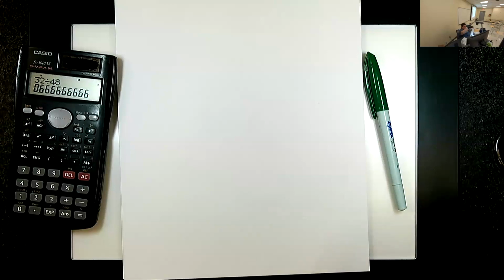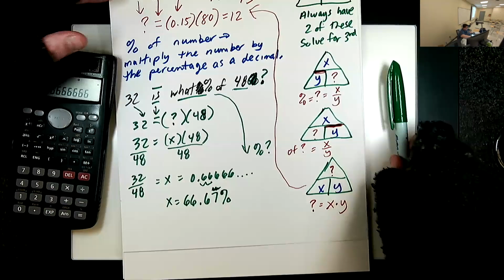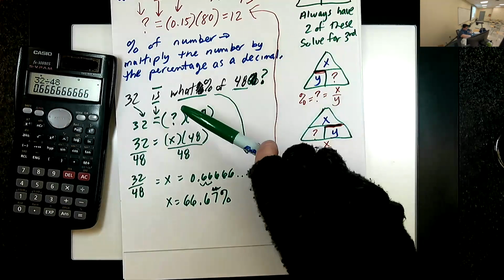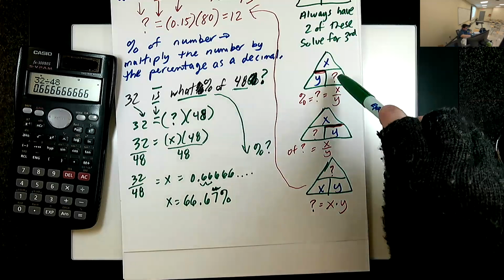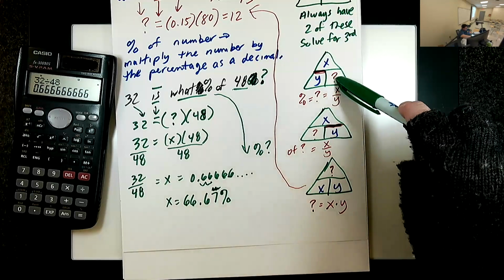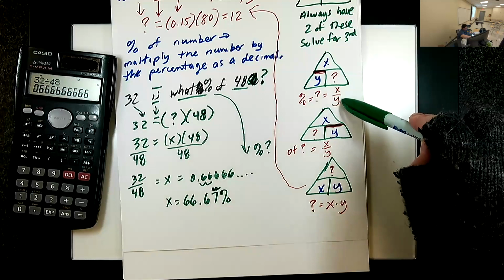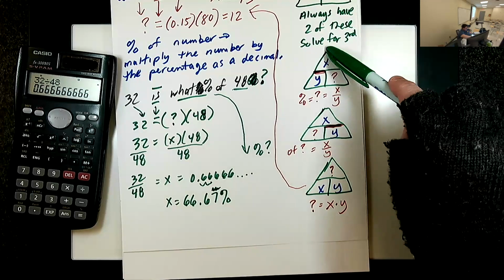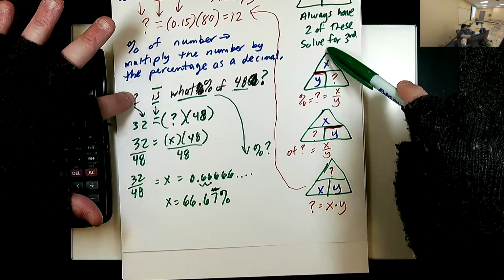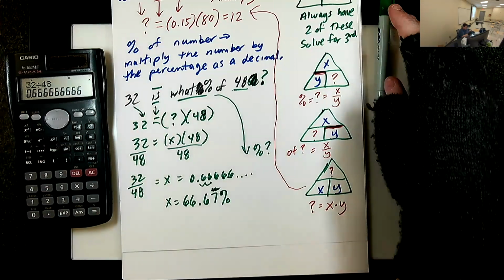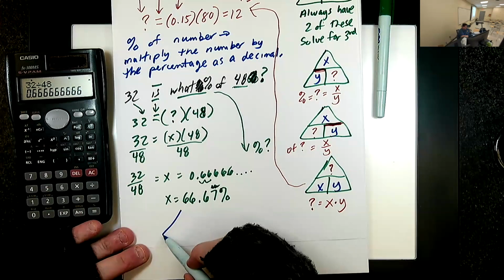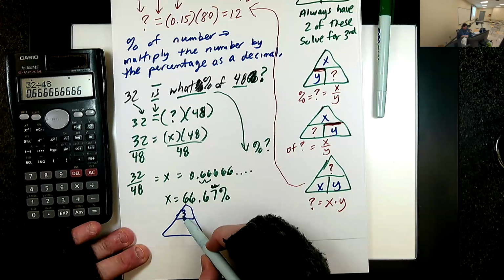Oh, I didn't point out how that works on the triangle over here. The unknown thing was the percent. That was this one right here. And so we could have jumped straight to X over Y. X is the is. And the 32 is next to the is. So this would have been 32 goes in the is spot.